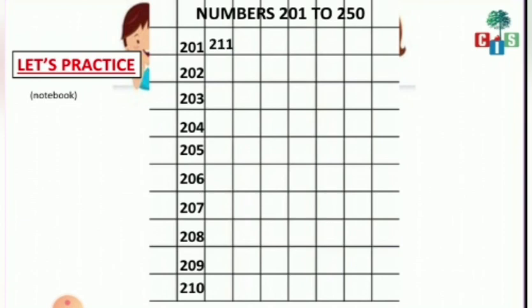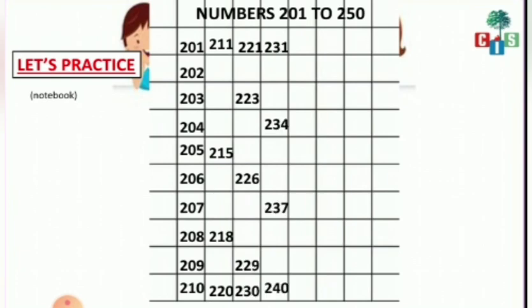After that 211. Now I will not complete it. So I will leave some gap, but you will write completely. You will write 201 to 250. You will write all the series till 250. Okay. So I have written in between, but you will completely finish it in your maths notebook. Fine, students?